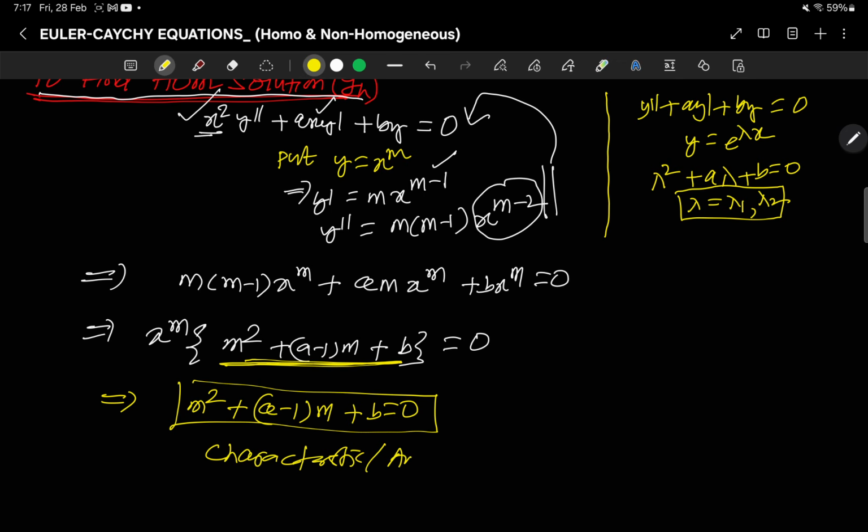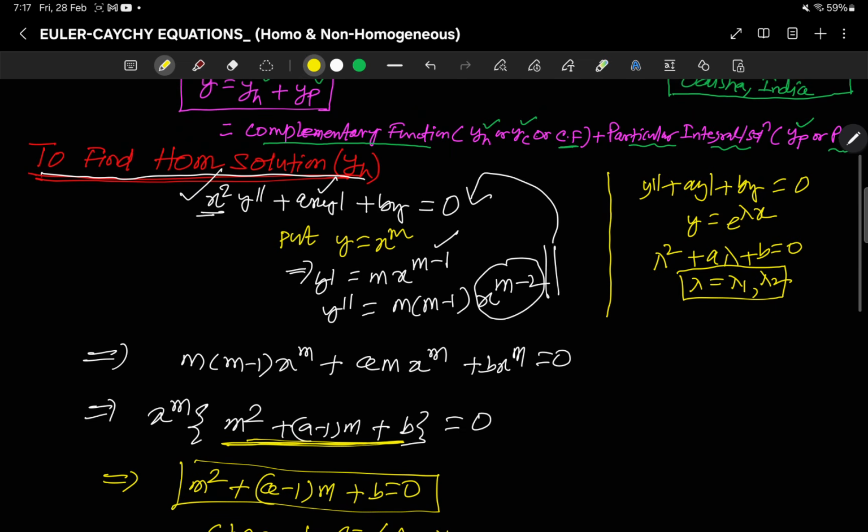You see here, if you compare it with the previous case, it is directly lambda square plus a lambda plus b, but here it is a minus 1. In that way you can compare it.